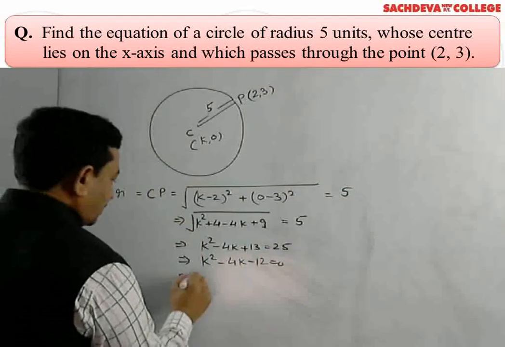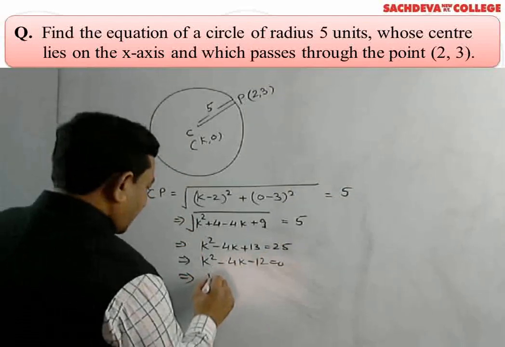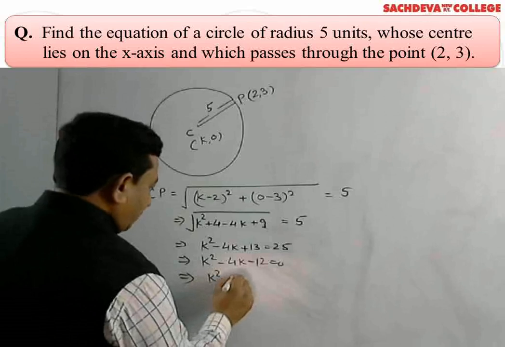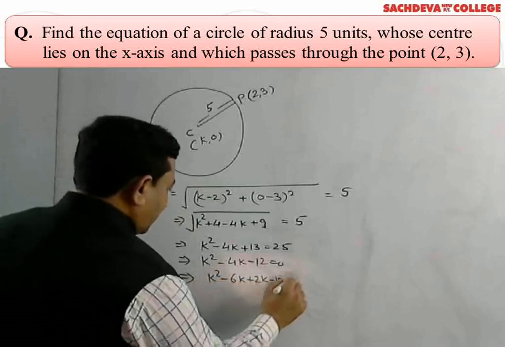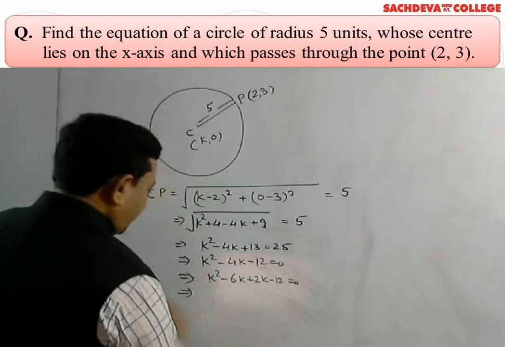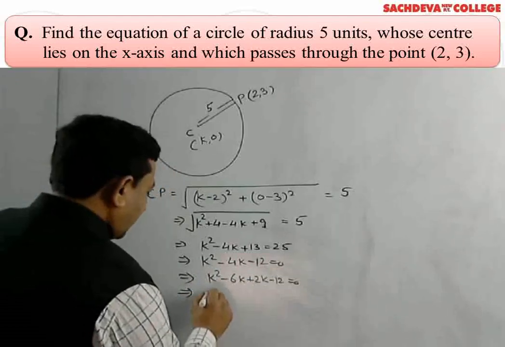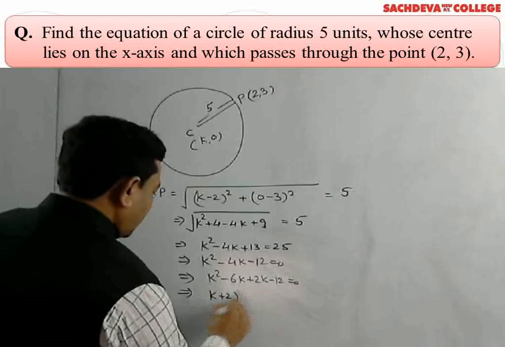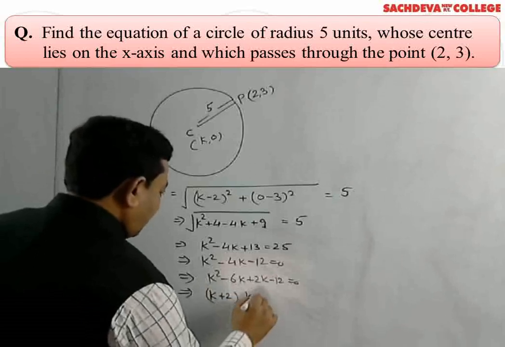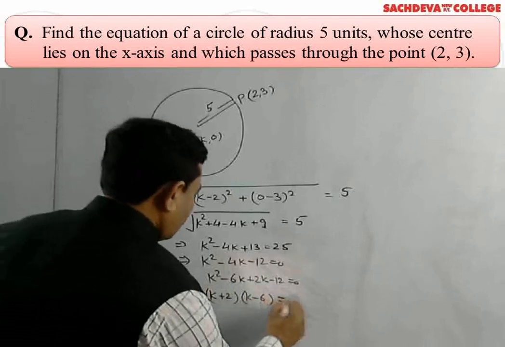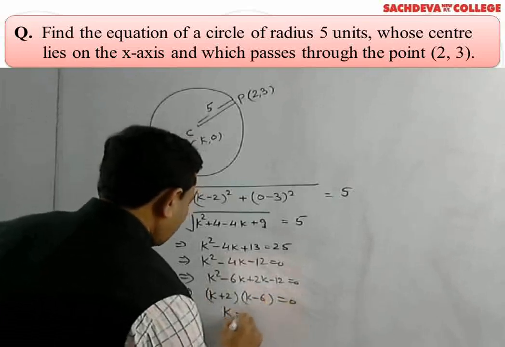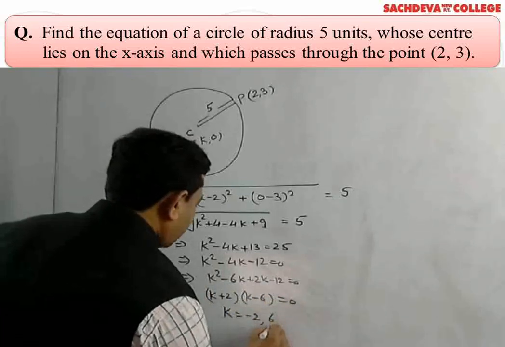If you solve this equation, then we find k squared minus 6k plus 2k minus 12 is equal to 0, or (k plus 2) into (k minus 6) is equal to 0. So the value of k is equal to minus 2 and 6 here.